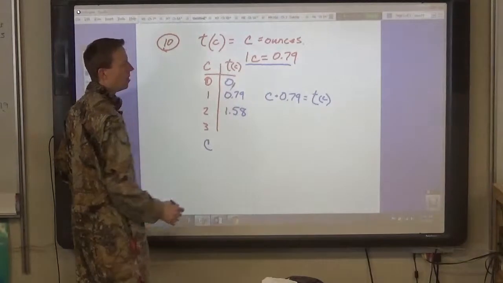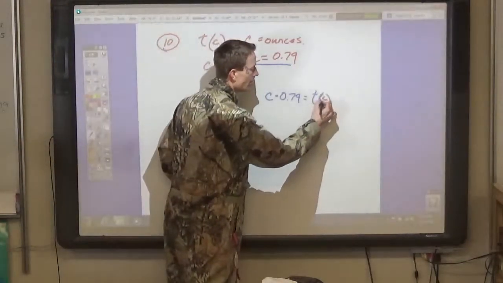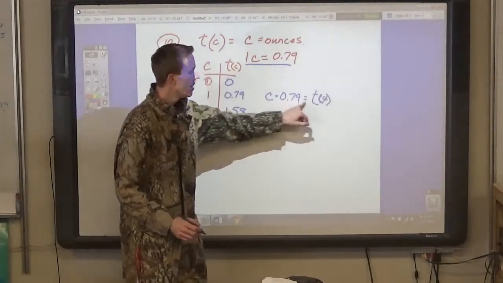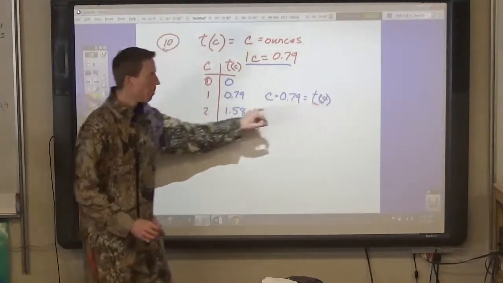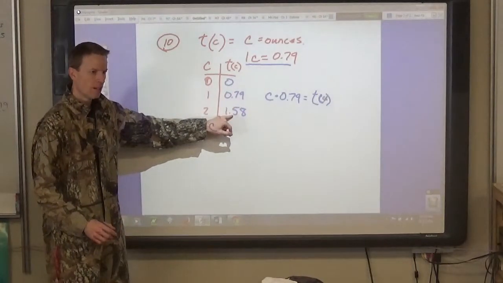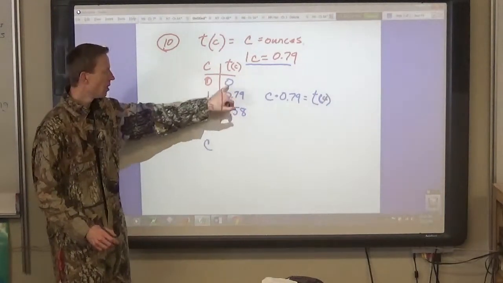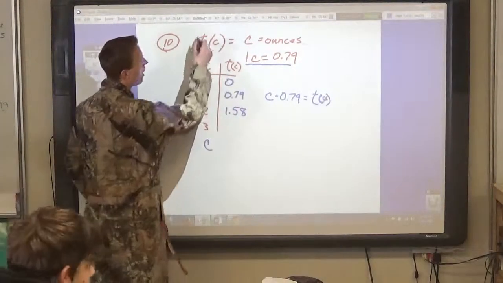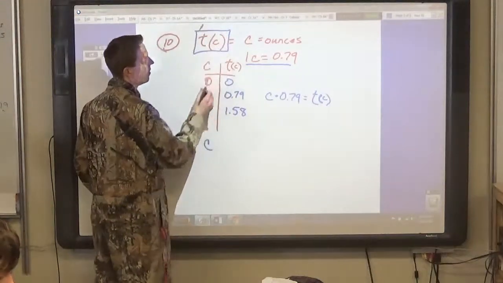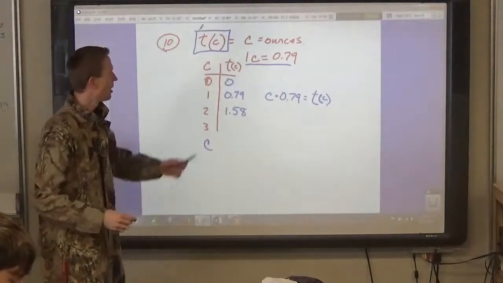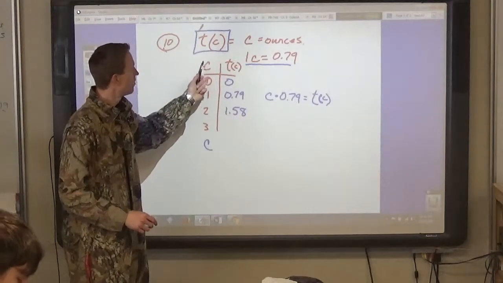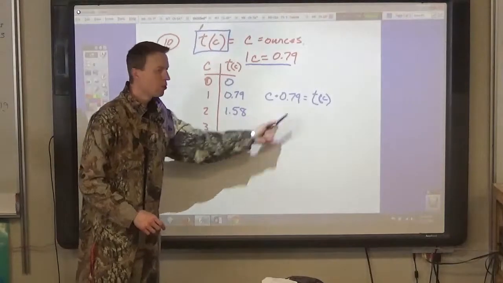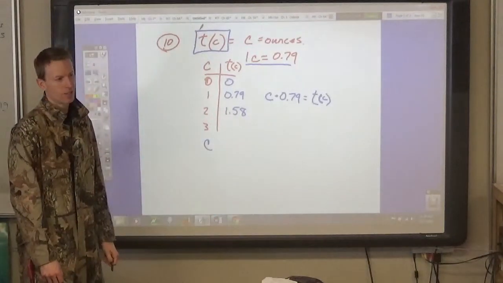Total cost equals this column. And so what you're doing here is writing a function rule, coming up with this based on the pattern. Okay? So first you want to establish a pattern, then look at the pattern, and then be able to write it using this terminology, the variable and the function of the variable, and what we're doing to get the answer.